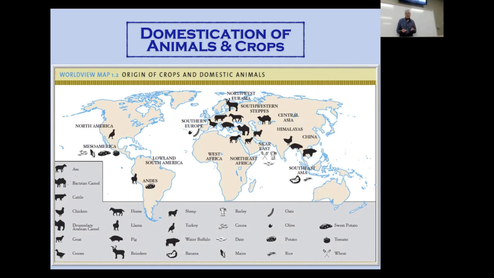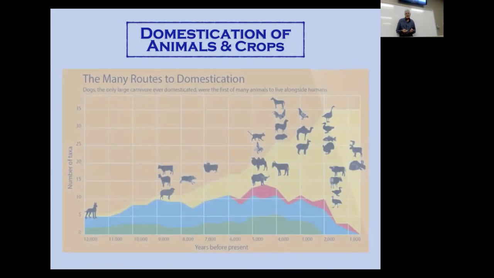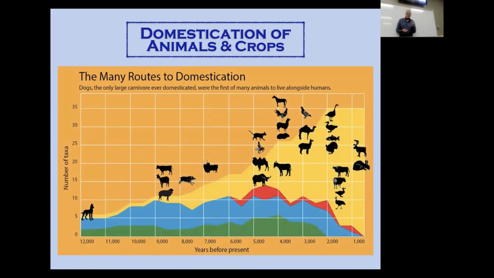And it gives you a little feel for the distribution. And you can see that it starts with the dog about 12,000 years ago. And the reason that what happened with dogs is if a dog got rejected by its pack or was wounded or something, it could come close to human groups and get food out of the scraps.